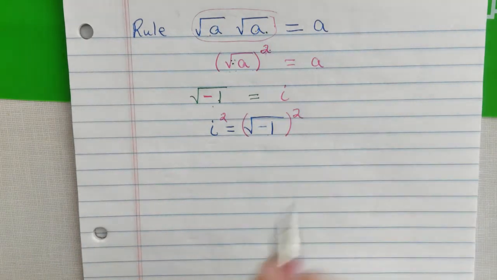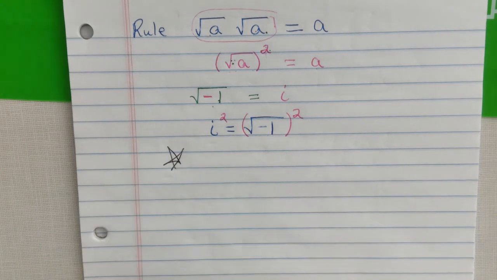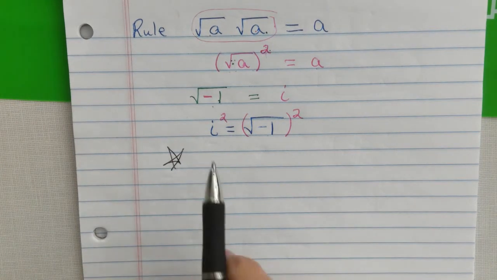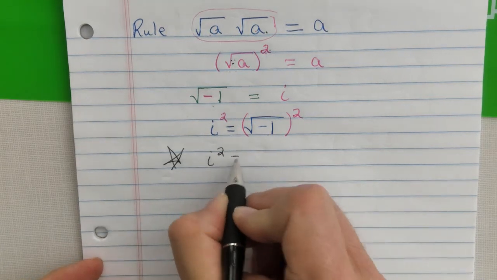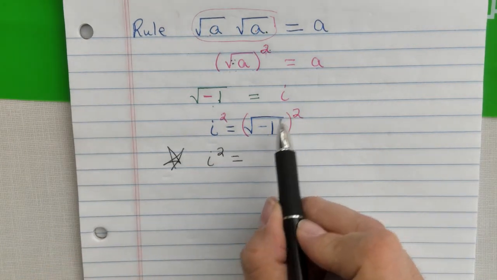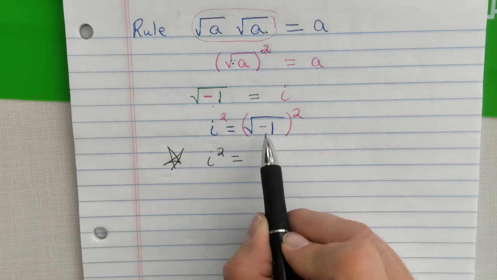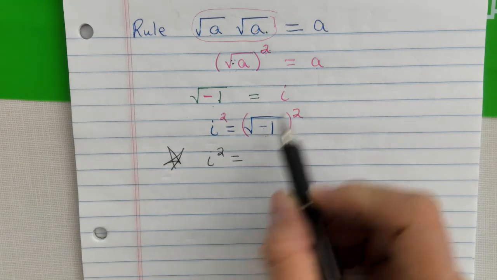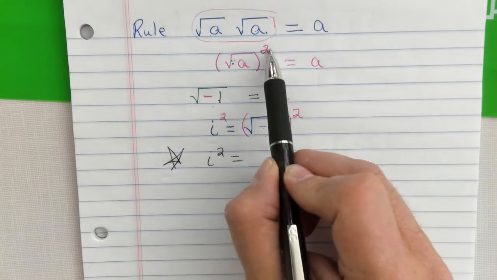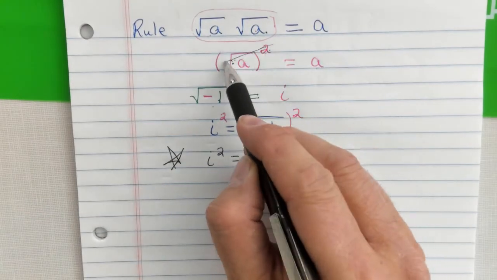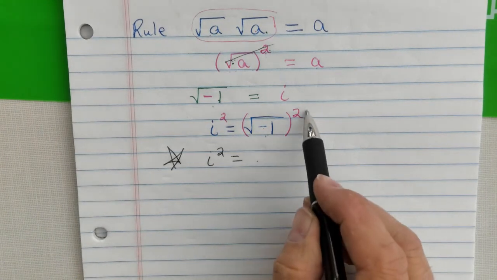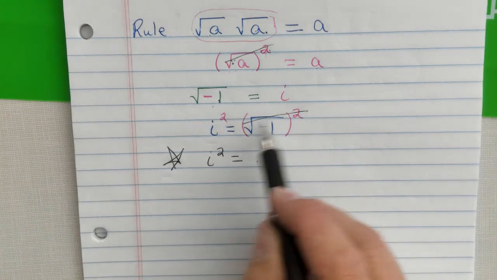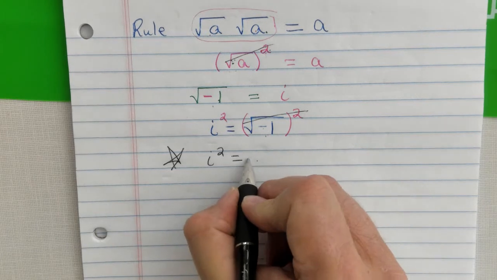If I square both sides, then we're going to get a rule that I'm going to put a black star by. i squared equals, looking at this right-hand side, remember the rule about a square root and a square canceling each other out. What am I about to write right here? -1. The square root and the square.